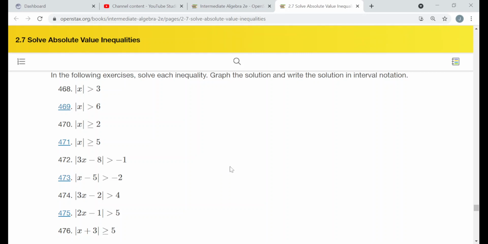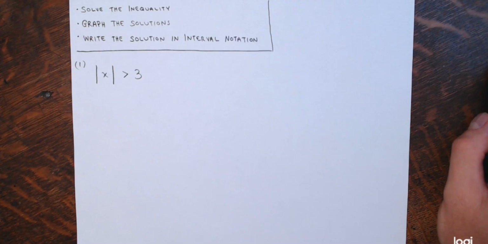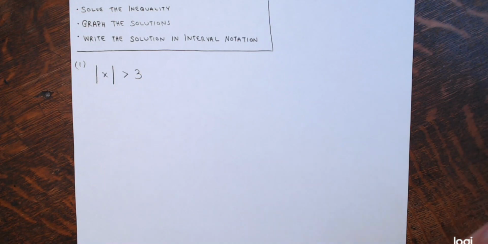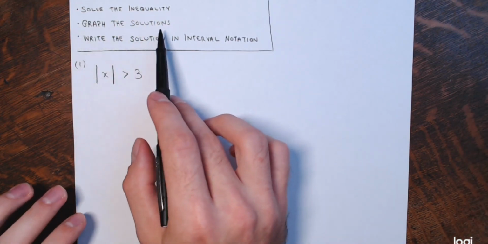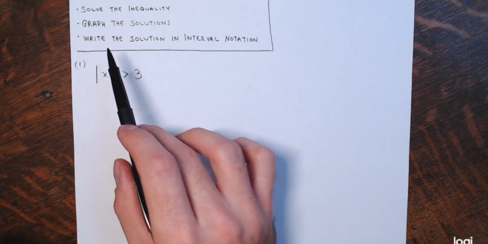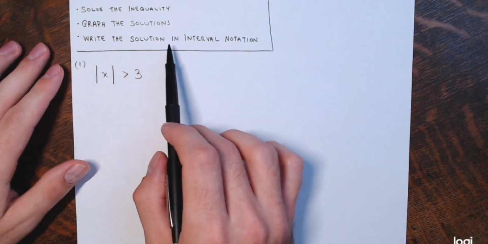You can go to the description for the video and click on the timestamp for example 6. I've got timestamps for all the examples to make navigating through the video a little easier, hopefully. Alright, so let's begin. So again, I'm going to solve each inequality, graph the solutions on a number line, write the solutions in interval notation.